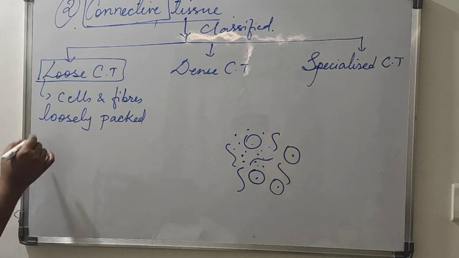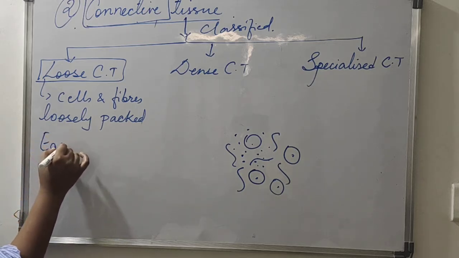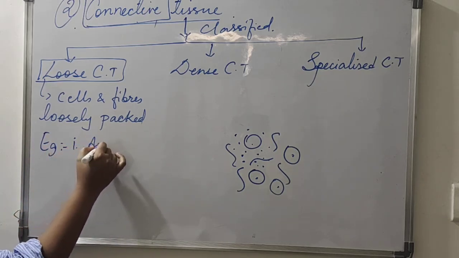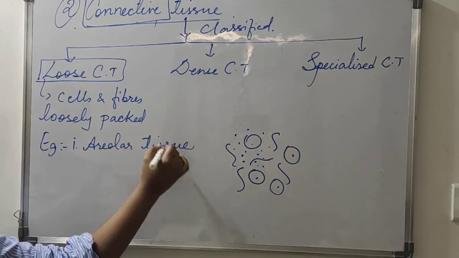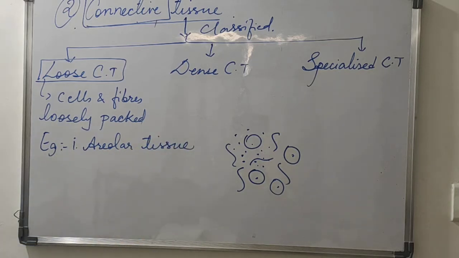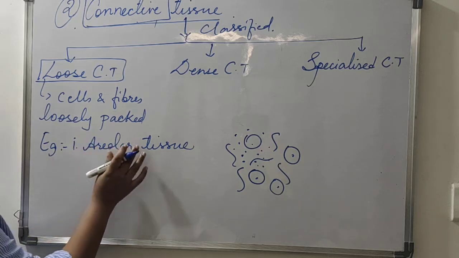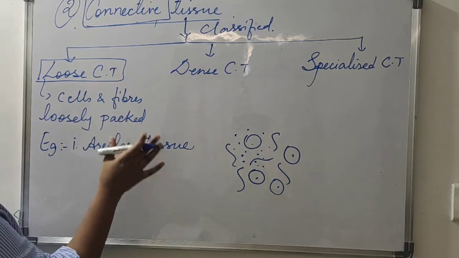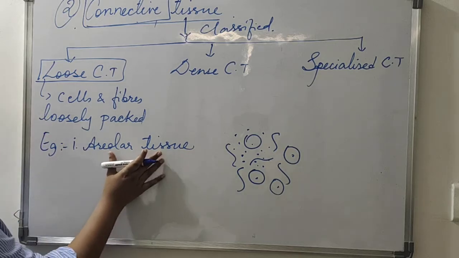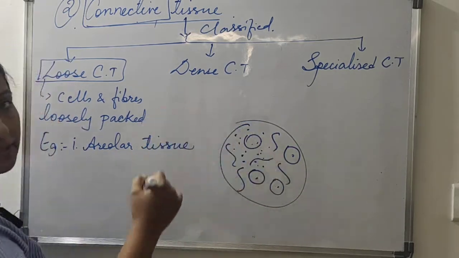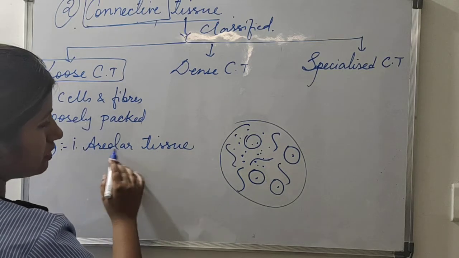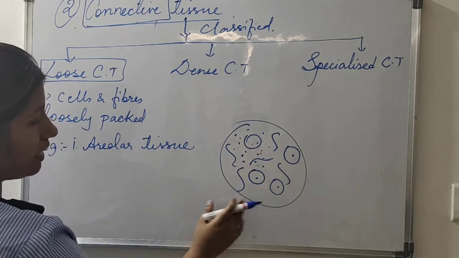An example we will see first is areolar tissue. Areolar tissue is a loose connective tissue. These tissues are made up of cells, fibers, and ground substance, but the difference in areolar tissue is that they are loosely packed.